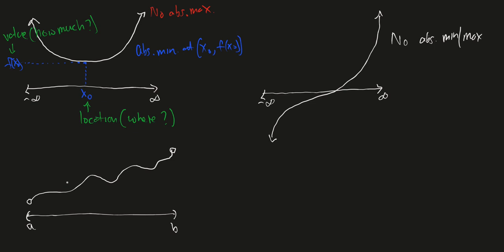Well, I can look at this and I see where it has some relative maximums, relative minimums, and there's another relative max, there's a relative min, and so forth. But it doesn't have any absolute extrema because the endpoints are not included. There is no y value that corresponds to that point.